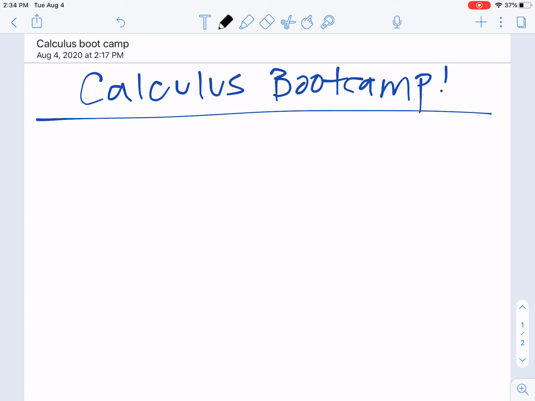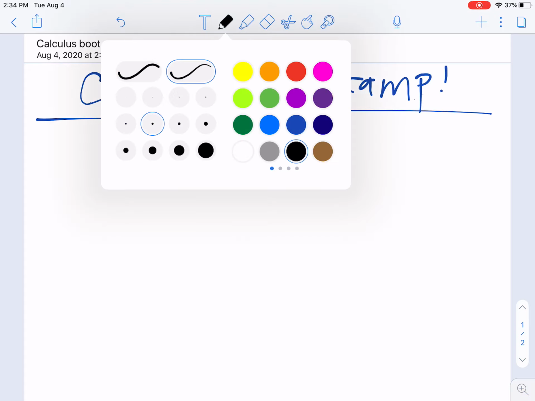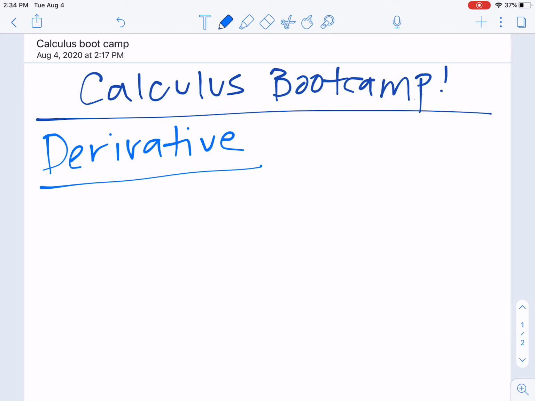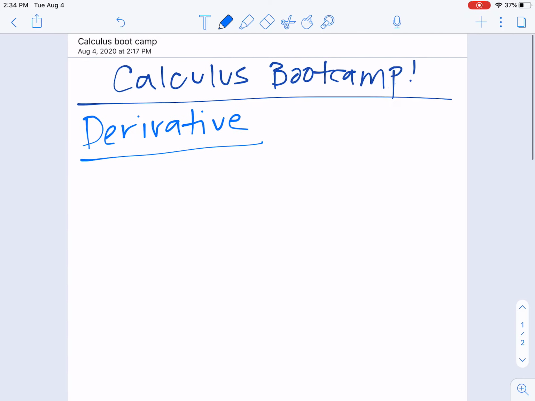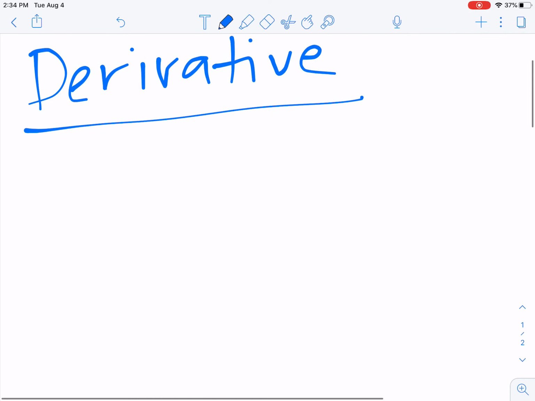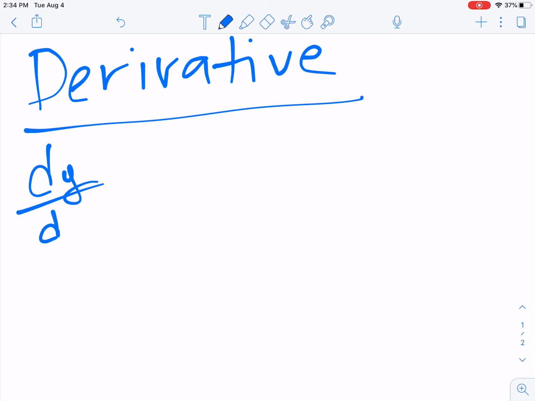So the first big term that we need to know is going to be derivative. Oftentimes, when we're talking about a derivative, we're going to see it represented by two symbols like this, dy, dx.